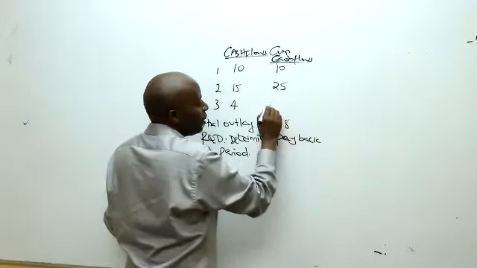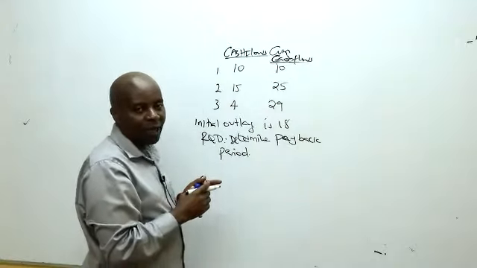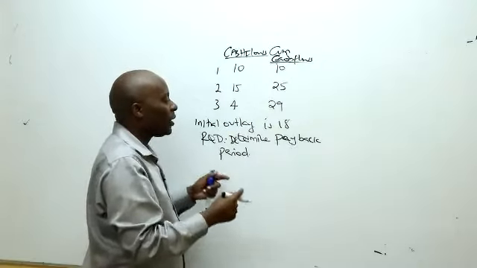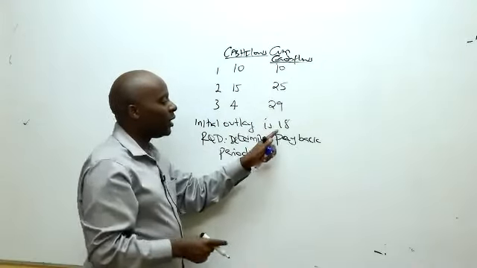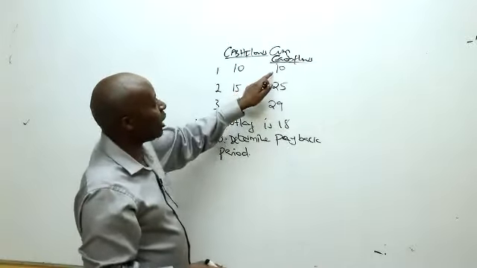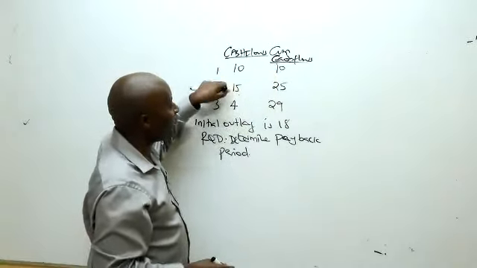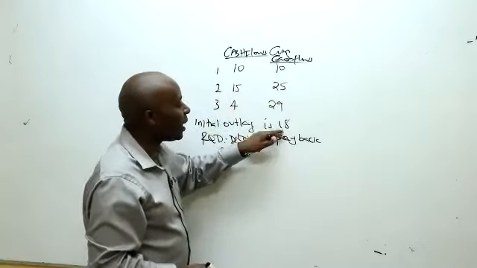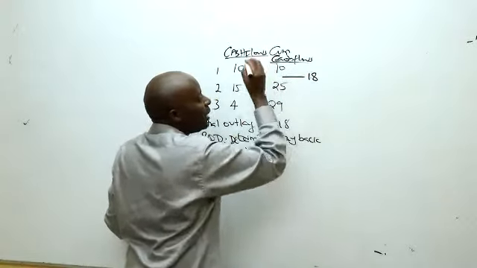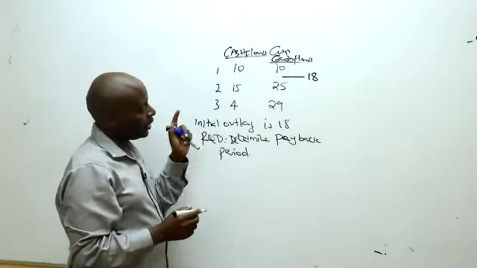Add this 4 here, which will give a total accumulated cash flow of 29. Now I want to look at how long it will take us to recover the initial outlay of 18. In the very first year, I will be able to recover 10. In the second year, I will be able to recover more, but I want exactly 18. So 18 is in between 10 and 25.